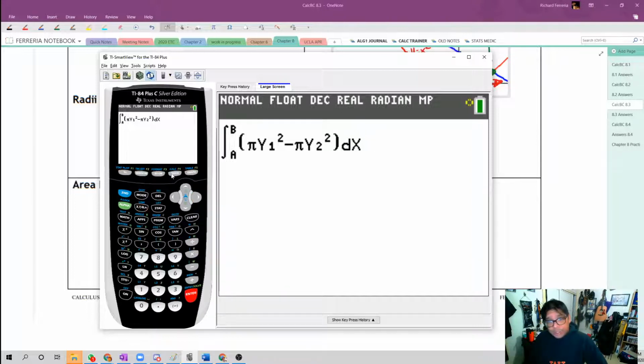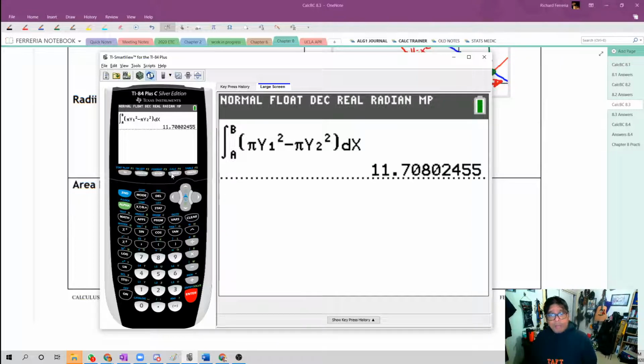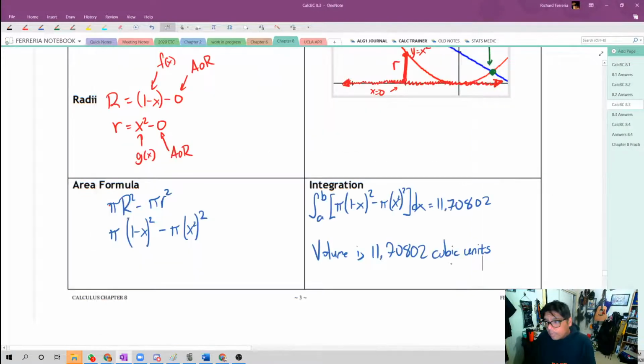All right, that should get it done for me. 11.708. So we've got a volume of 11.70802 cubic units.